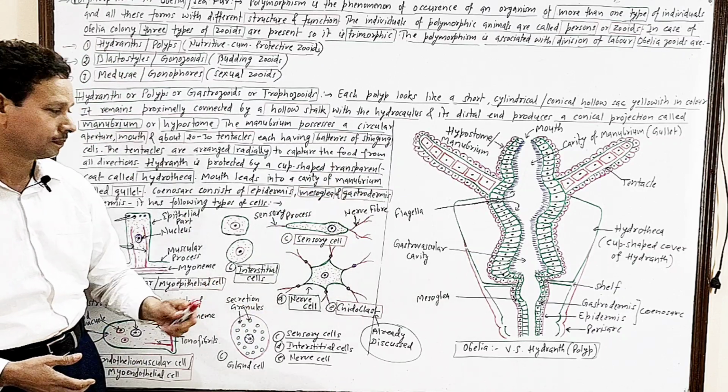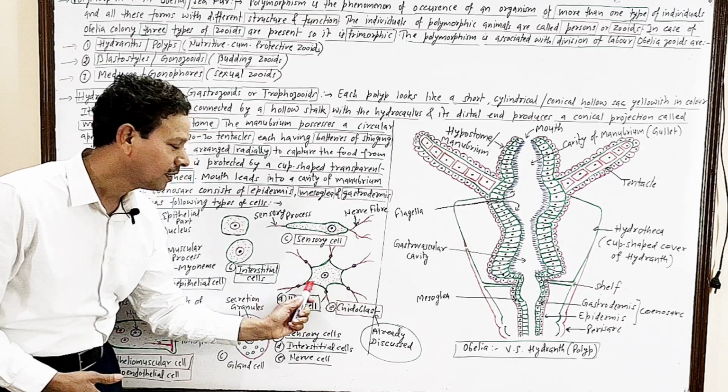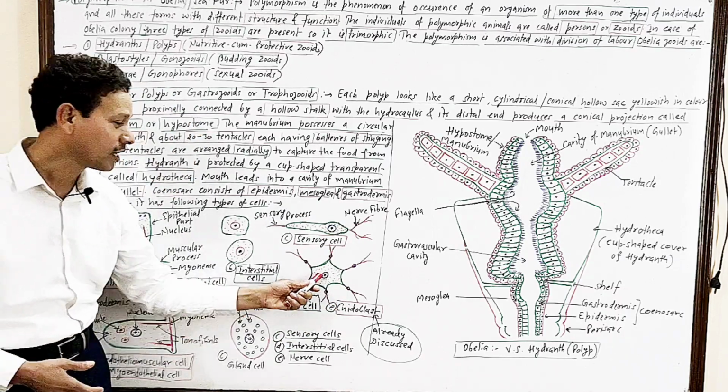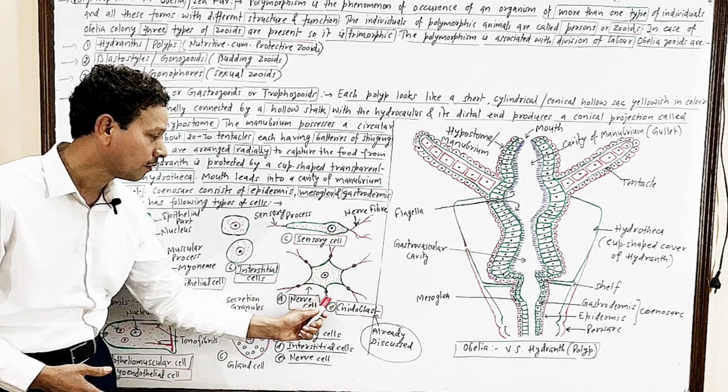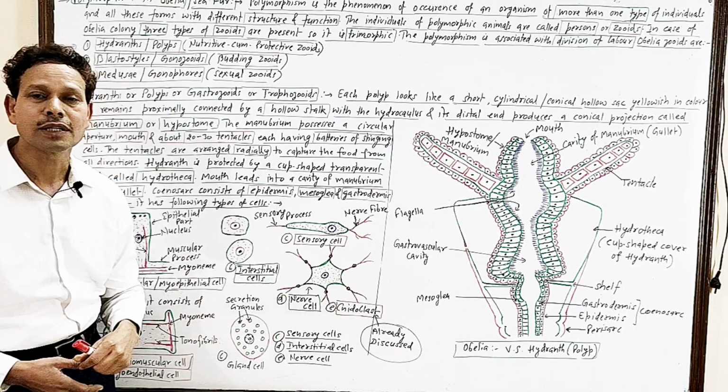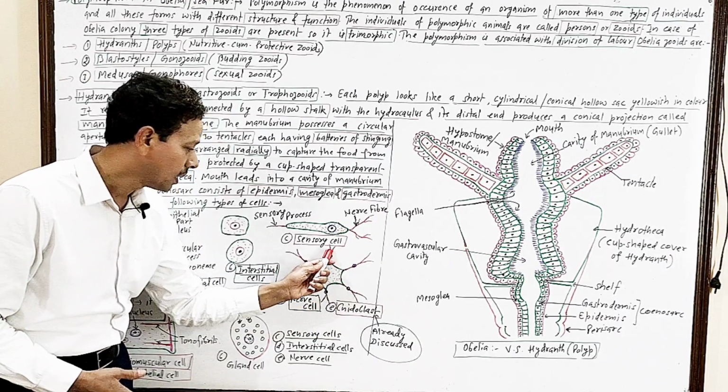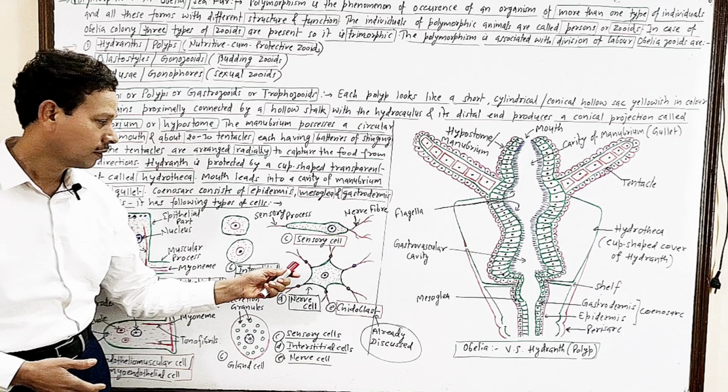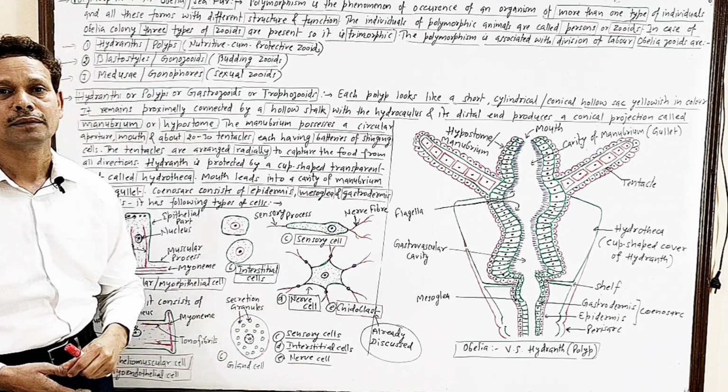Each nerve cell has different types of projections, extensions, and these are nerve fibers.